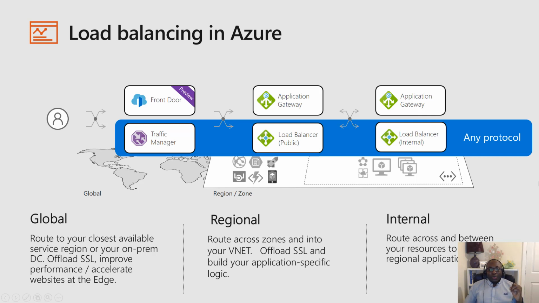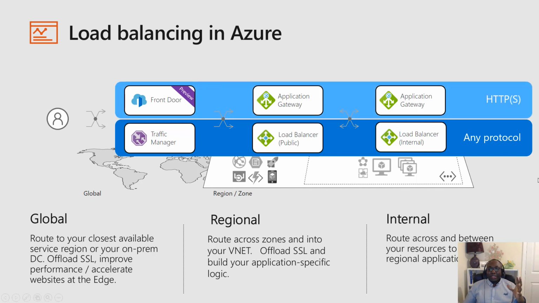But Azure Application Gateway is unique in the sense that you can only use it for HTTP, HTTPS, or web services. Any traffic that supports HTTP, HTTPS is what you can really use it for. And again, it's because it has special capabilities for those types of web services.